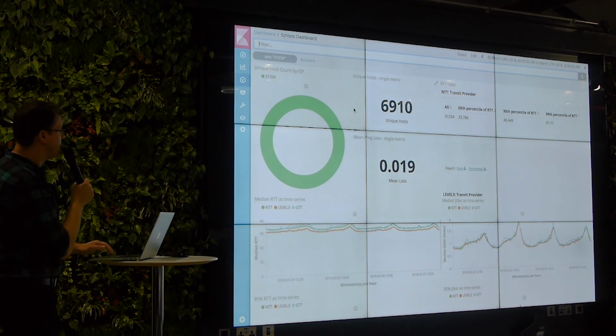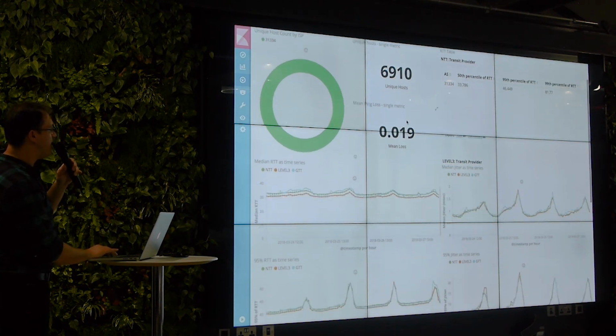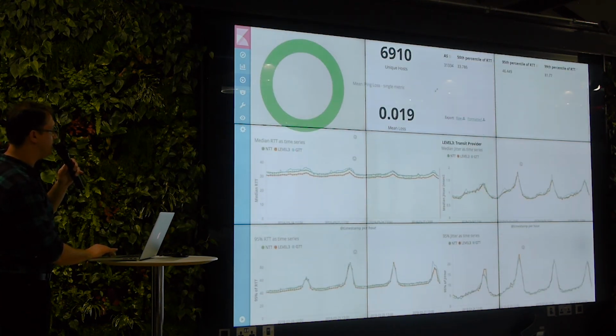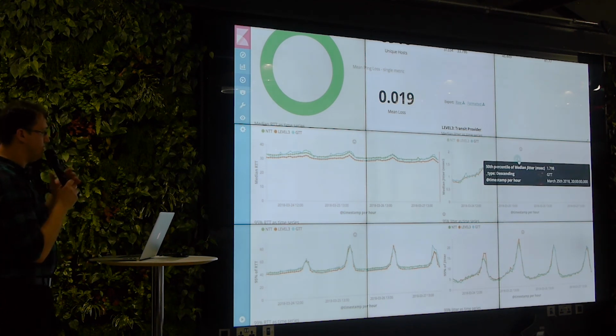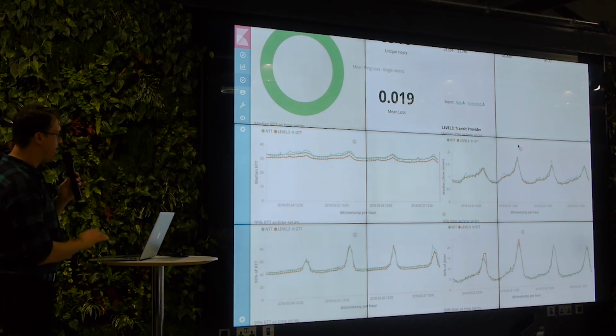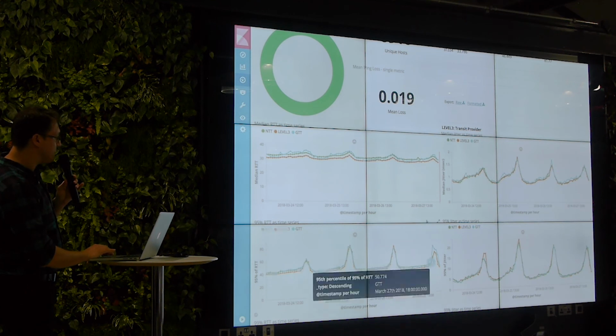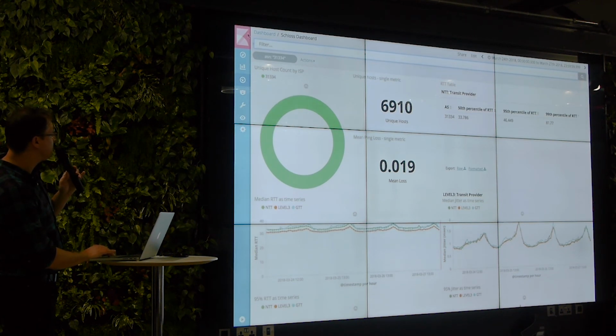Here you see, for example, the number of unique hosts targeted, and the packet loss, and some interesting events happening around the evening time, where the round trip time and the jitter increase. Mostly all these providers are very close, but this is just the case for this particular ASN.